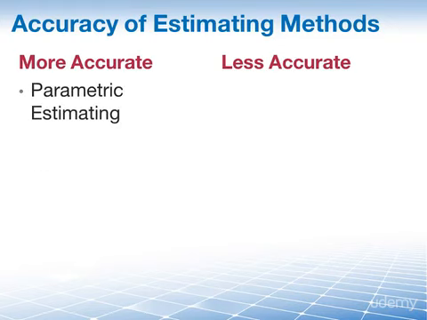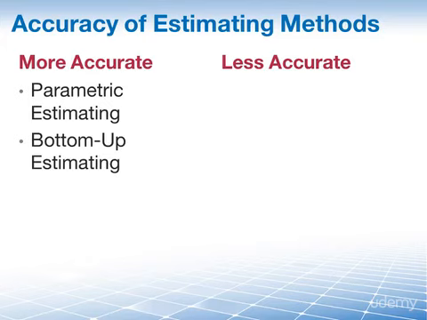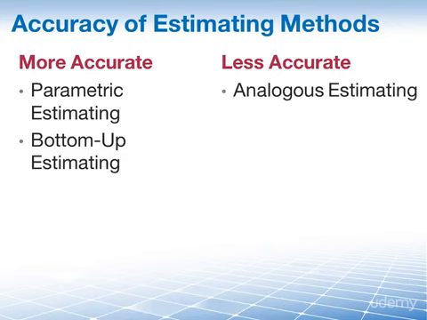Parametric estimating and bottom-up estimating will give you a detailed, more accurate estimate. Analogous estimating, on the other hand, gives you a broad, less accurate estimate. We covered in this lesson that three-point estimating takes the approach of using an optimistic, a pessimistic, and a most likely estimate, and then calculating a weighted average.